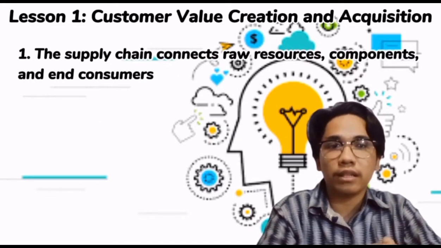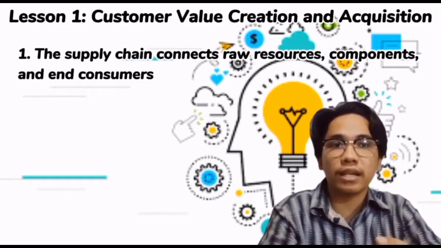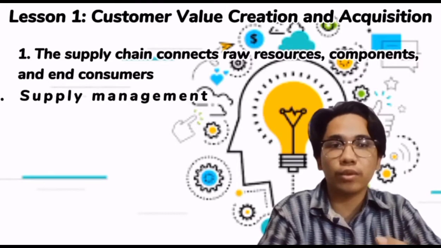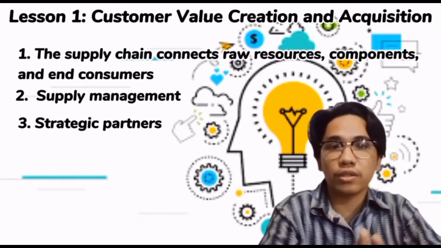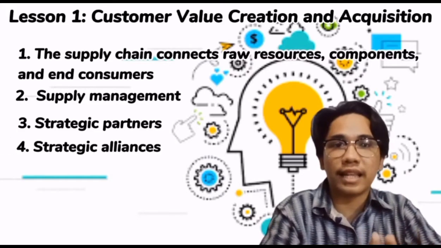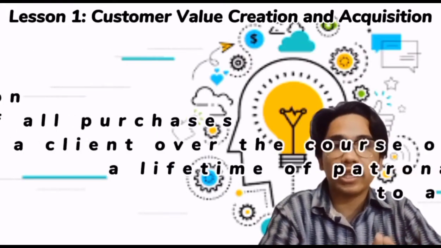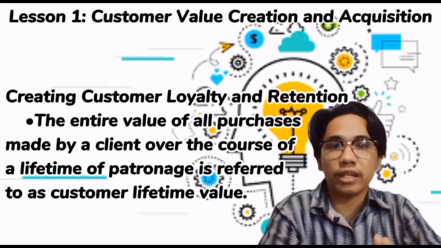First, the chain management. The supply chain connects raw resources, components, and end consumers. Number 2, supply management. Number 3, strategic partners. Number 4, strategic alliances. Creating customer loyalty and retention.